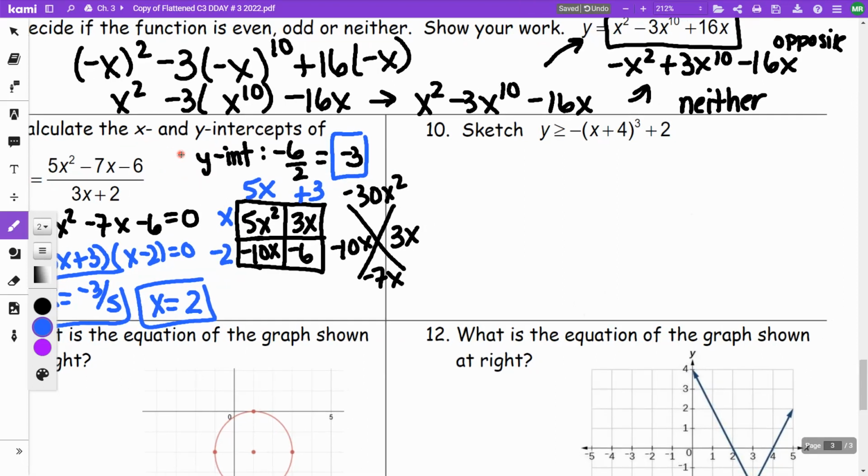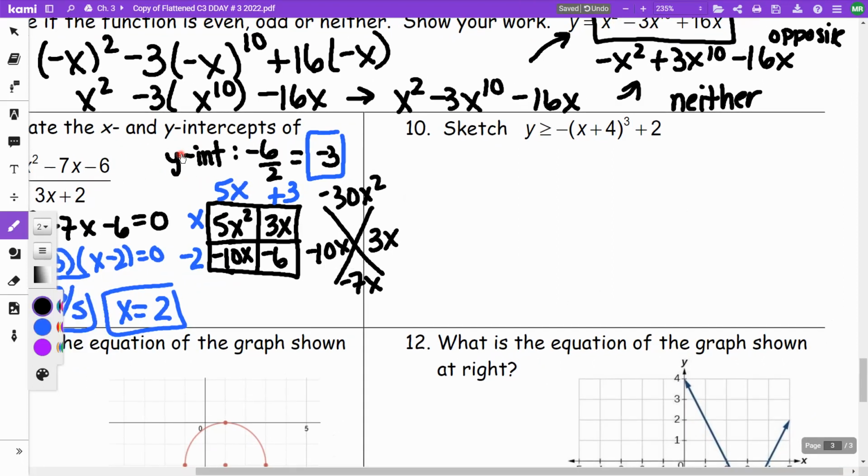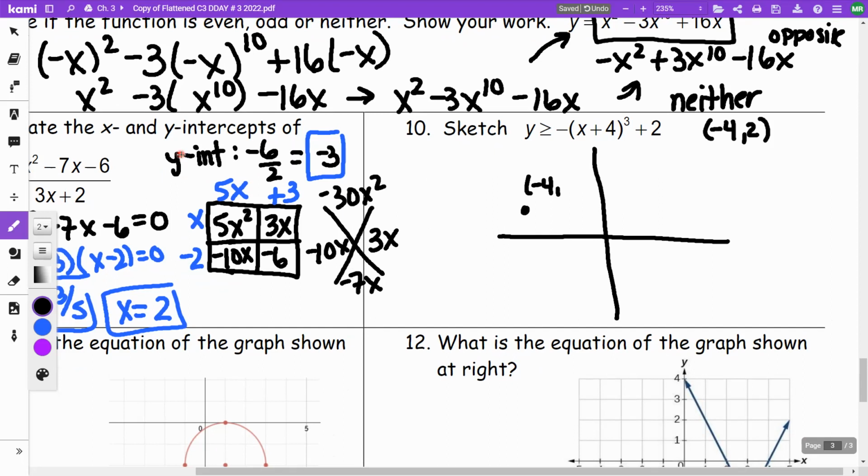Okay, so for this one, they're asking me to sketch. So if I'm sketching this, my inflection point is at -4, 2. So I'm going to go to -4, 2. And this is going to be a -1. So a +1 would have looked like this. A -1 is going to look like this.